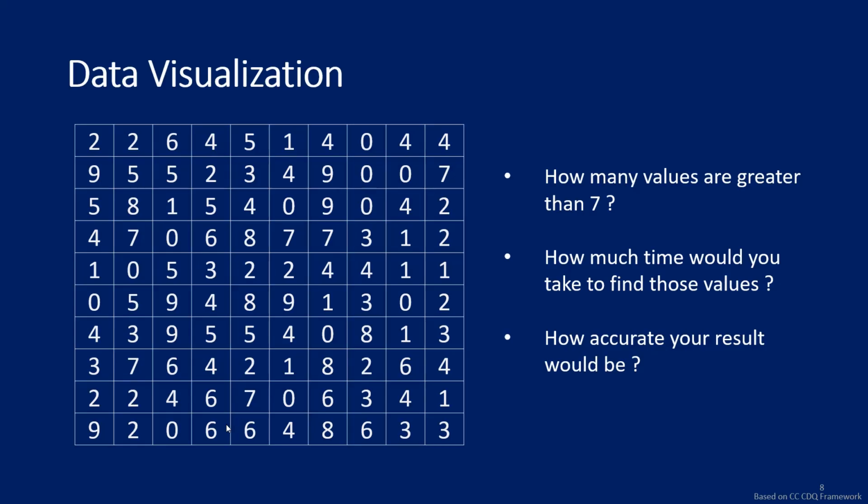So in this table, can you tell me how many values are above 7? 13. Okay. Any other thought from anybody else?